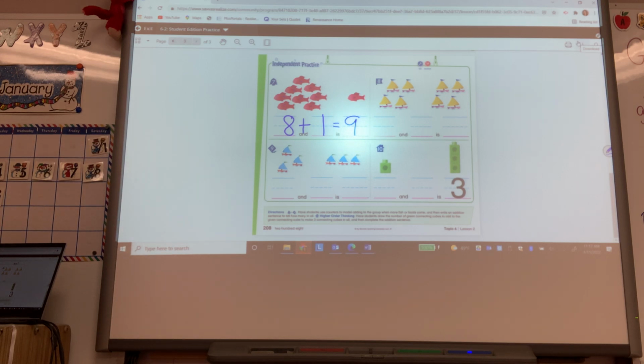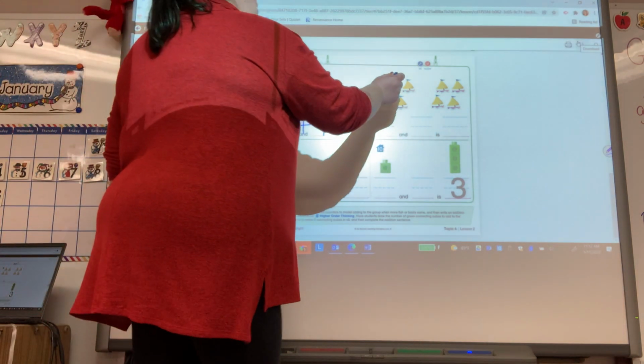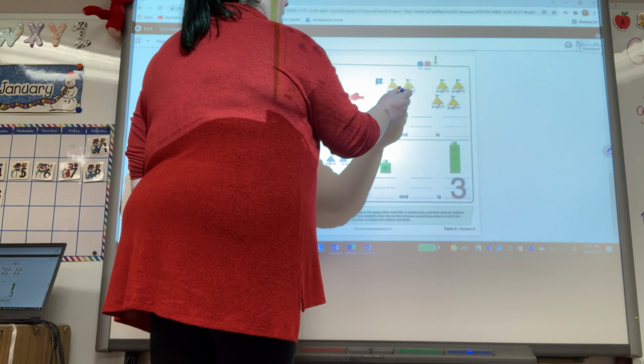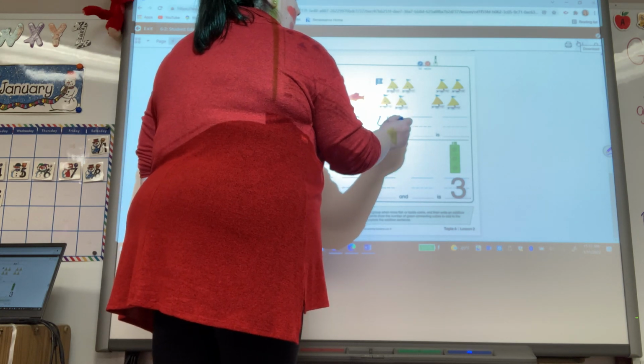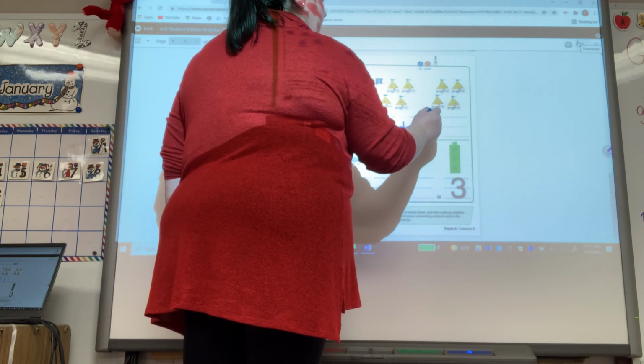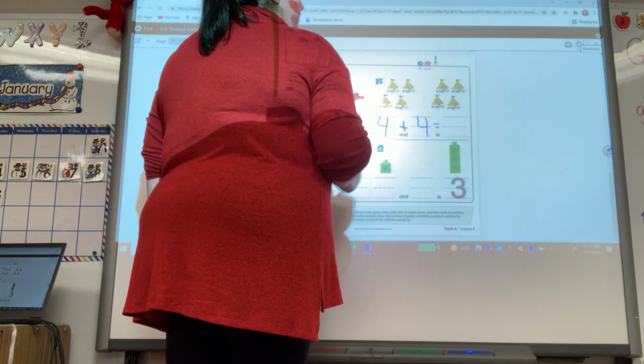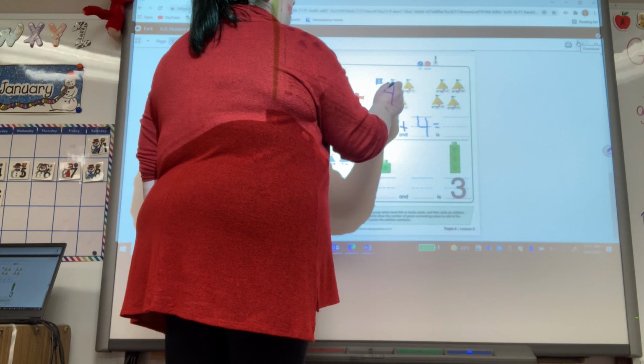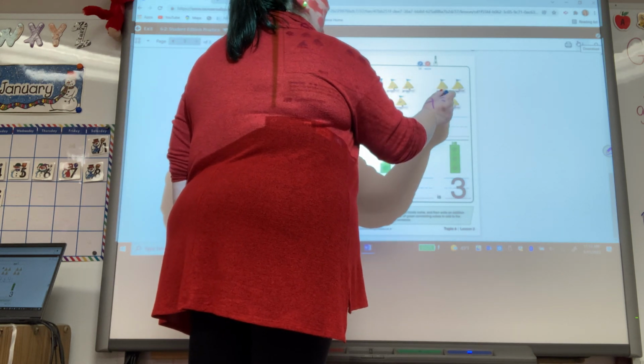Okay? Number 8 is inside of the flag. Let's count the first group of boats. 1, 2, 3, 4. Plus 1, 2, 3, 4. Equals 1, 2, 3, 4, 5, 6, 7, 8.